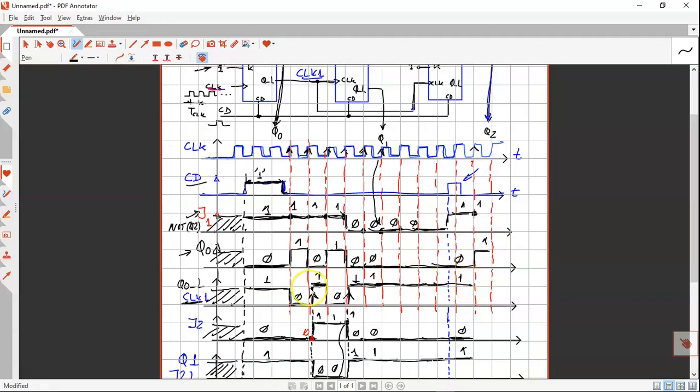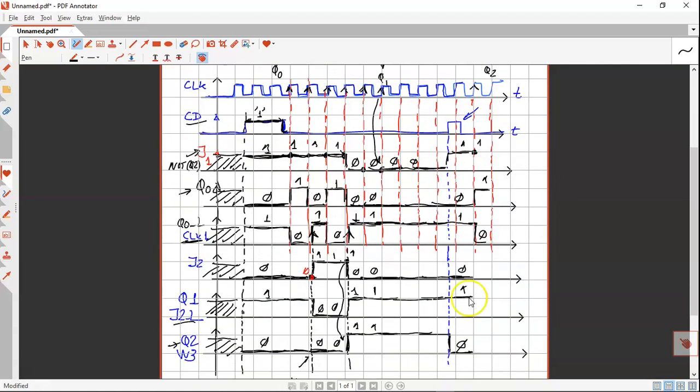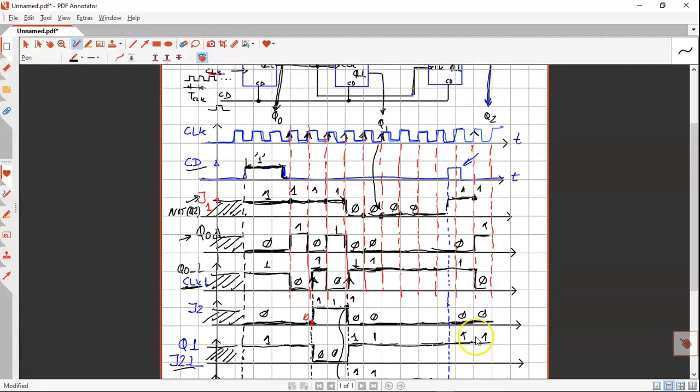So you have a 1. This Q0 not is going to go down, 0. And if this is the clock 1, nothing is going to happen here, because there is no rising edge, but a falling edge here. Is that right? So, good. Q1 is going to be kept 1, and this is going to be kept 0, so you know that the next clock you will sample again another 1.